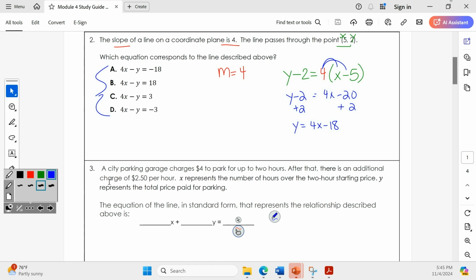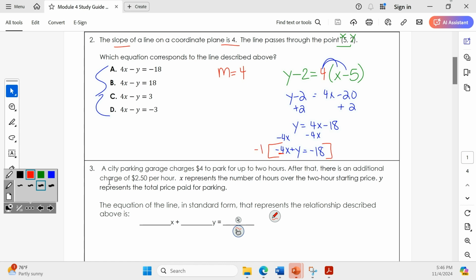Now I'm going to subtract the 4x because I want the 4x on the other side because I need it in standard form. So -4x plus y is equal to negative 18. So now that last step is to make this a term right here a positive whole number.